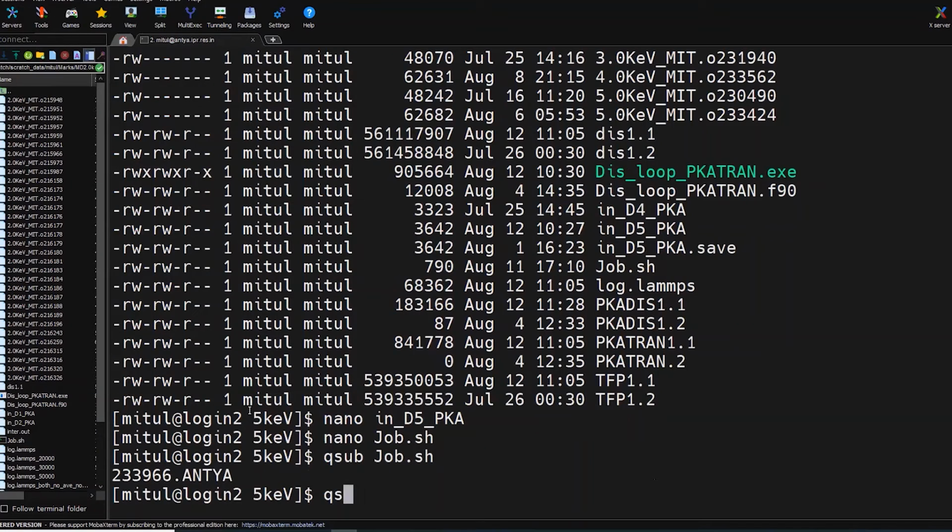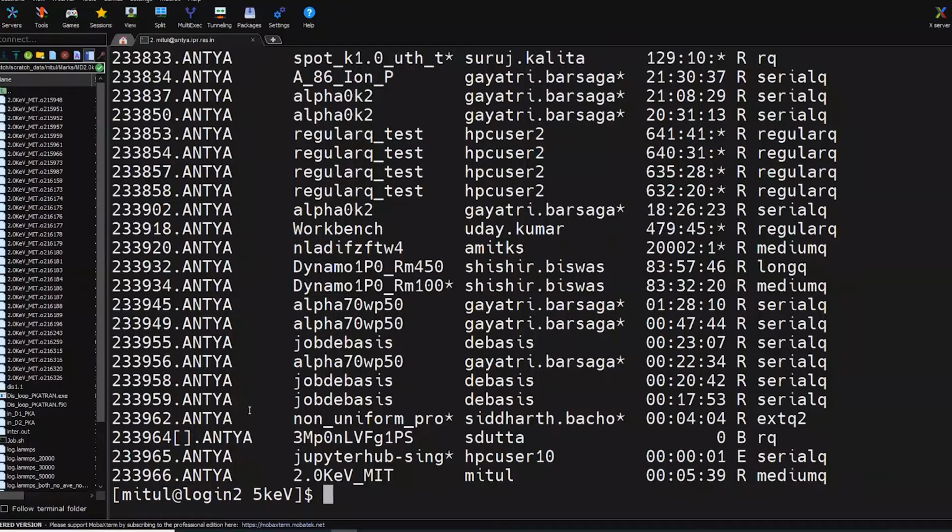This will start my simulation. You can check the status whether it has started your simulation or not. So you can see here, it has started the simulation.